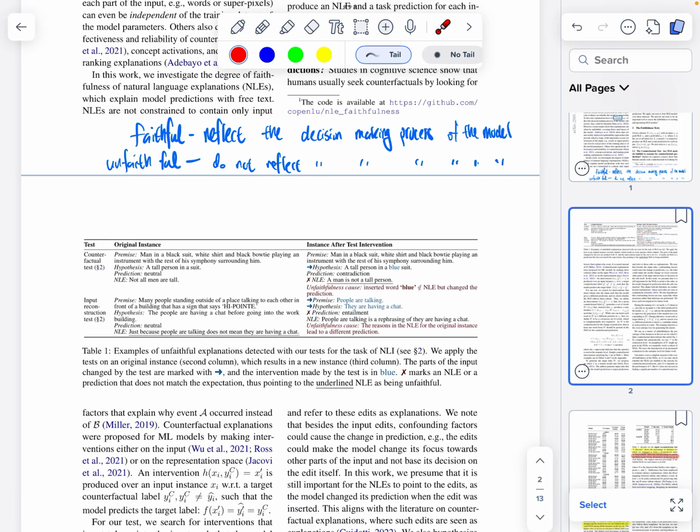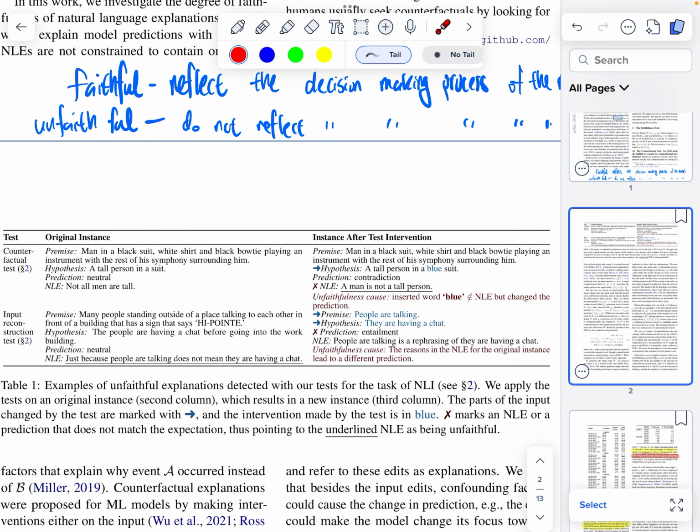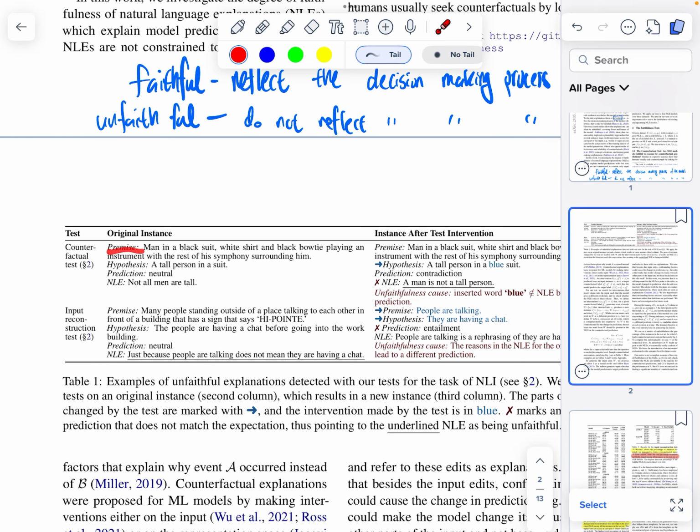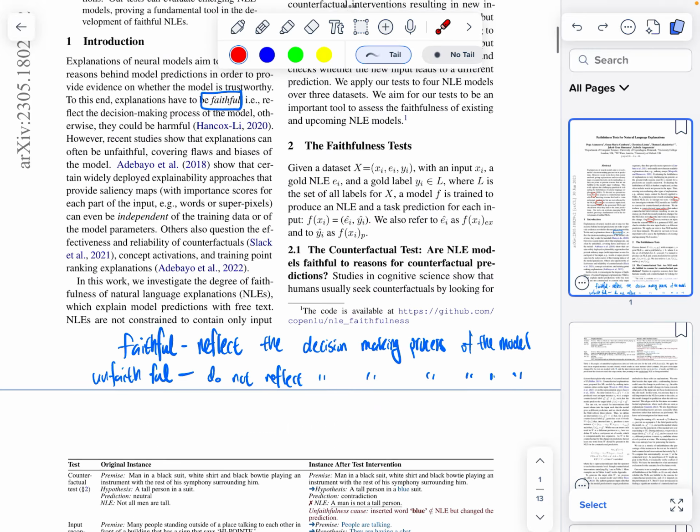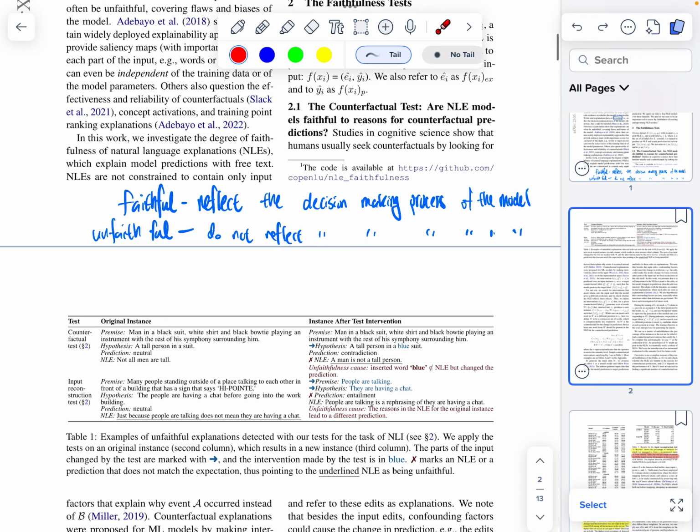So in a natural language explanation task, you have a premise and then a hypothesis, and then you have a prediction. Not necessarily, but more or less you have some input and then you have a prediction. The main data set, or the first data set they use, is the NLI data set, which has a premise, hypothesis, and then a prediction.